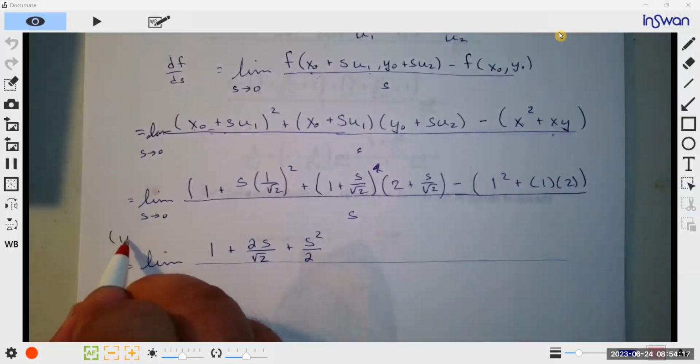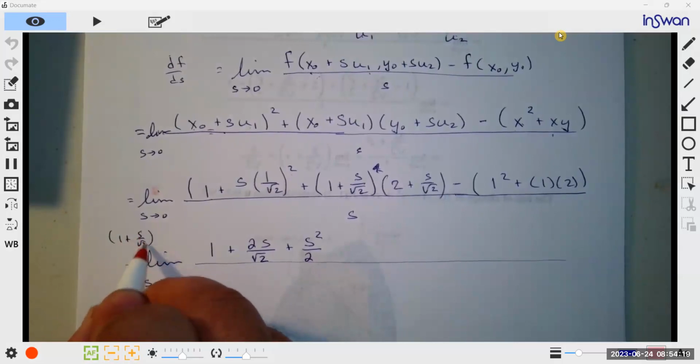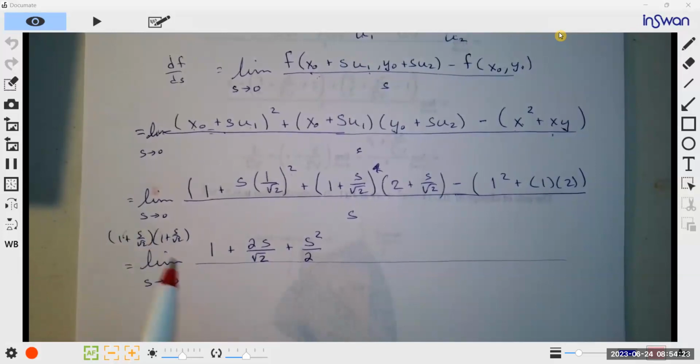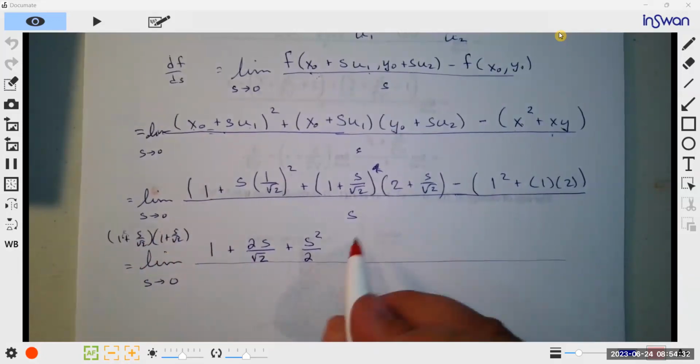We did 1 plus s over radical 2 times 1 plus s over radical 2. 1 times 1 is 1, s over radical 2 twice is 2s over radical 2, and s over radical 2 times s over radical 2 is s squared over 2.